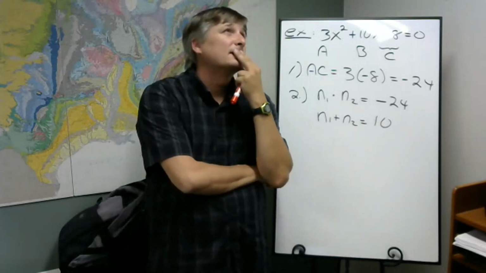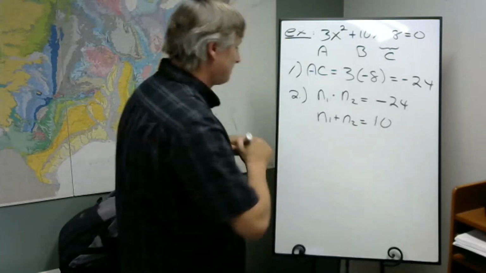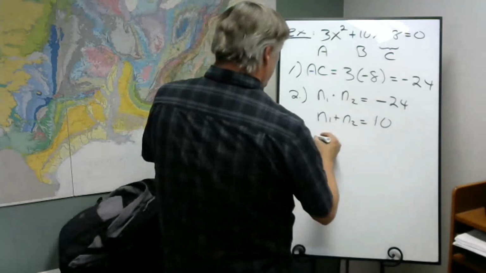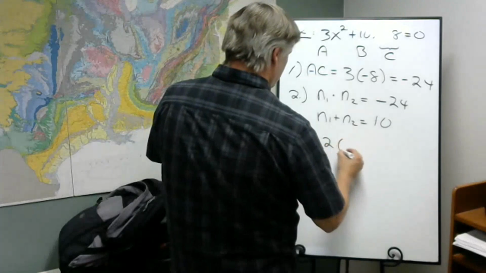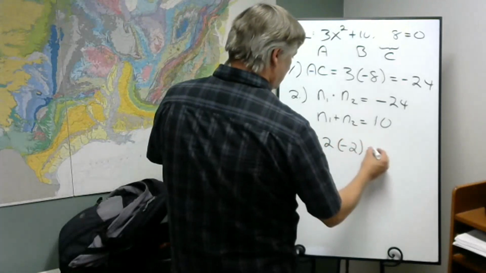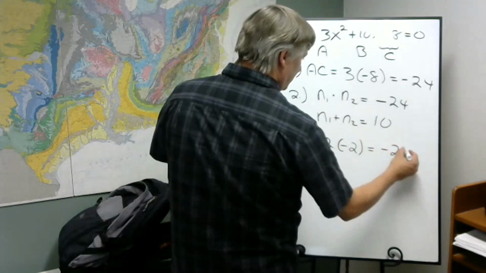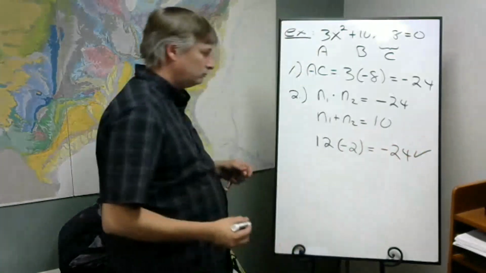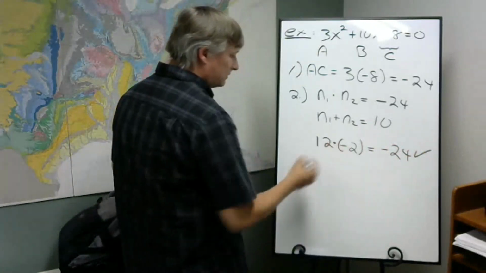What would do it? Well, how about this? Let's say we take 12 times negative 2. Well, that'll be negative 24. Okay, so far so good.